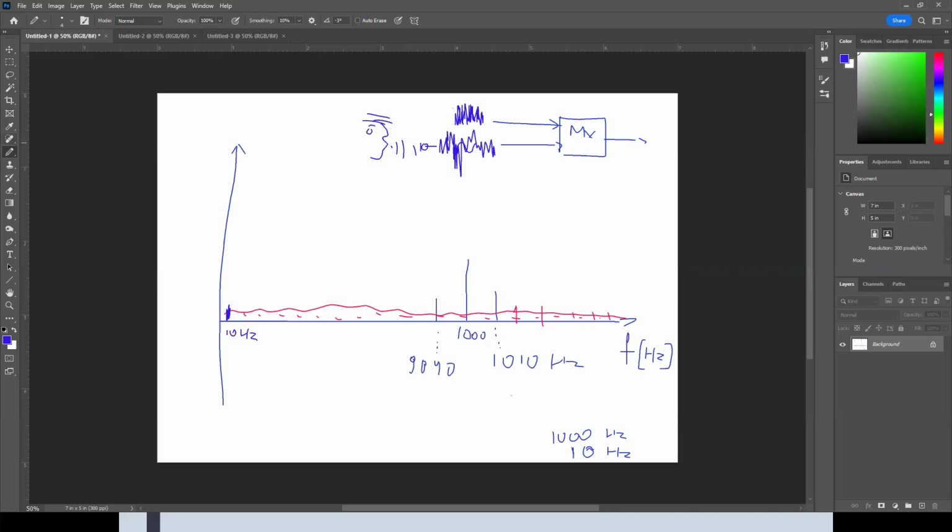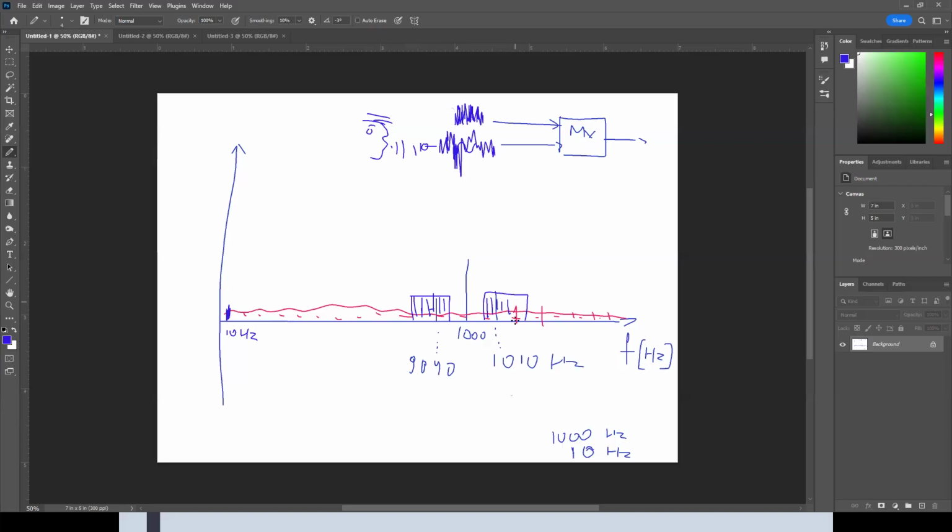So in this case, are we going to have those two spikes like that? No, we're not going to have those two spikes like that. We're going to have something more. We're going to have a lot of frequencies present here and a lot of frequencies present here, and these two are going to be equal to each other.